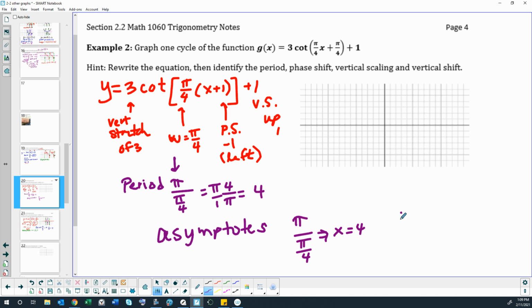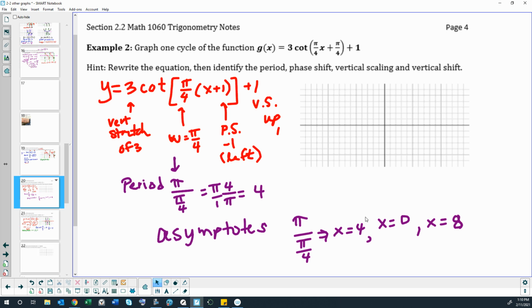And then, I guess there would be an asymptote at 0, so there's still going to be one at 0. That doesn't change. But then our next asymptote would have been at 2 pi, but now it's going to be at 8, because 2 pi divided by pi fourths is going to be 8. The pi's cancel out. 4 times 2 is 8, etc. I hope that makes sense.